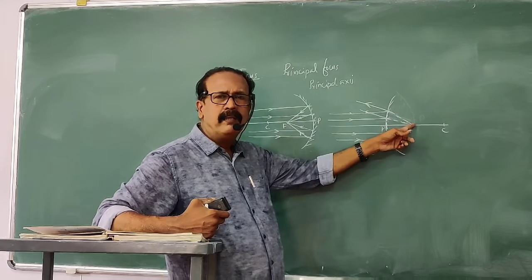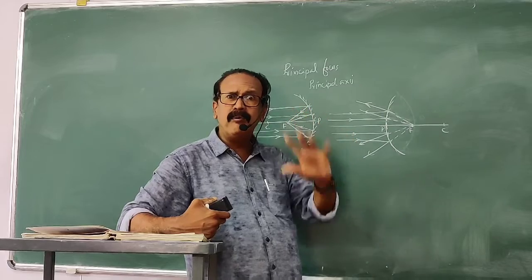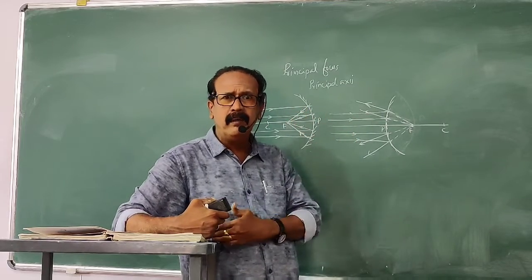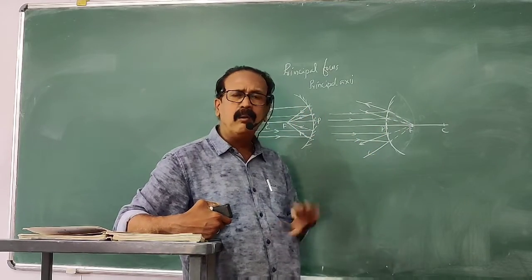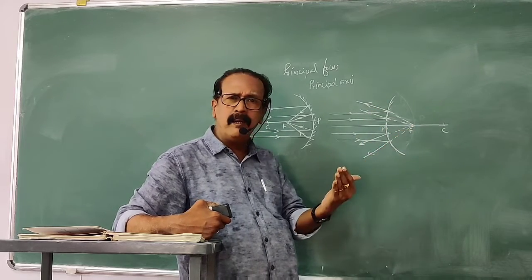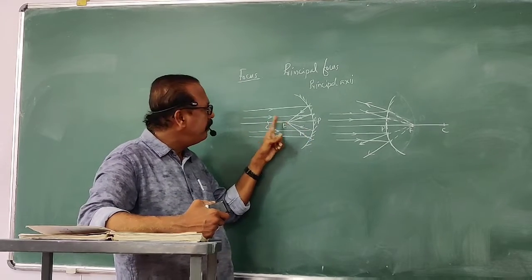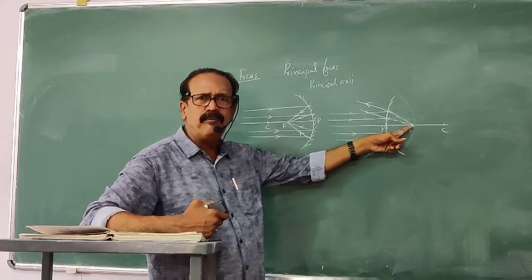This point is called the principal focus of a convex mirror. It is a virtual focus because it is behind the mirror. You cannot get an image there, you can only see the image. So for a convex mirror, the focus is behind the mirror. For a concave mirror, the focus is in front of the mirror. This is a real focus, this is a virtual focus.